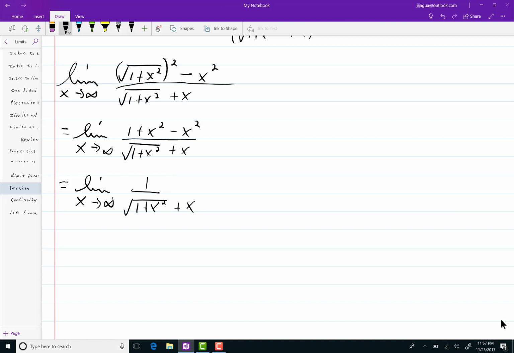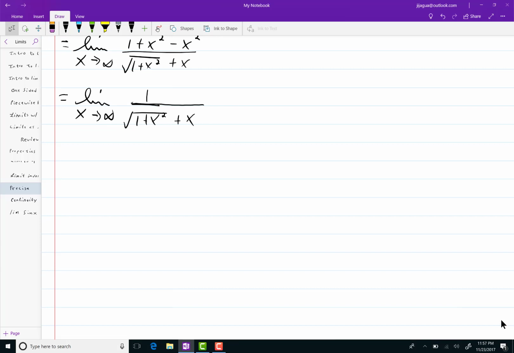This may seem strange, but from the denominator, I'm going to factor out the highest power of x. And I think it might be beneficial to do it in 2 different places. You can see that x is the highest power here, but if you look at this, x squared is the highest power under there, but it's fooling you. If I take out an x squared inside of there, I'll be left with 1 over x squared plus 1, plus x.